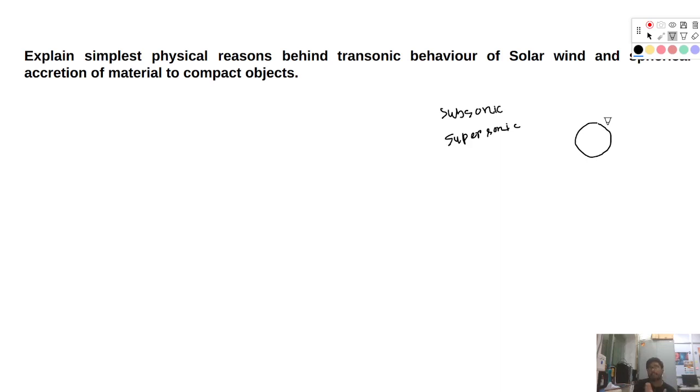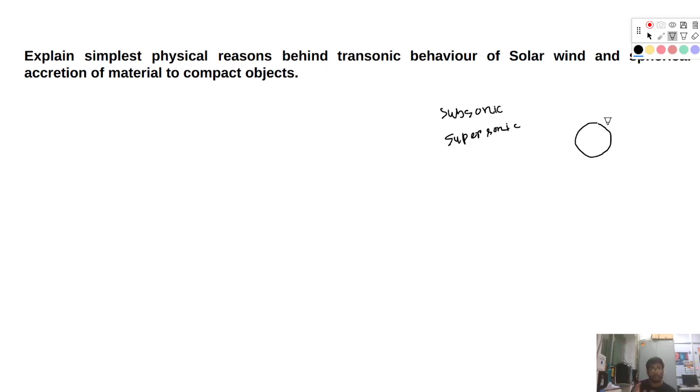Solar wind is basically a flow with lots of charged particles, and that is due to the high thermal pressure which is greater than the inward gravitational pull.